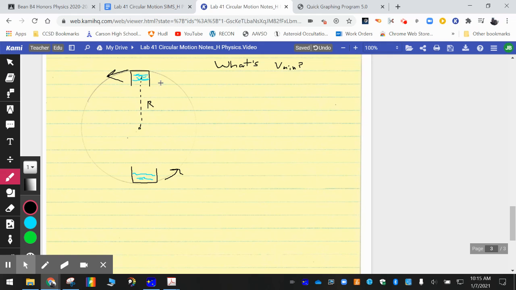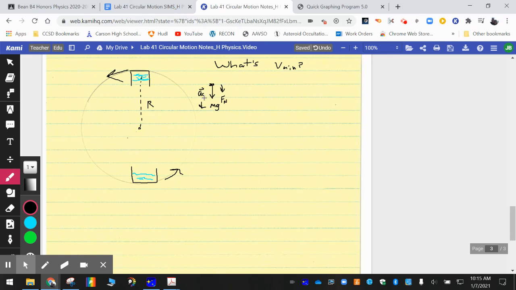You have inertia acting here. You also have the normal force acting on the bottom of the bucket. We'll take a little piece of the bottom of the bucket and examine all the forces acting on it. You have mg acting this way, the force of gravity, and the normal force acting in this direction as well. The centripetal acceleration vector is also acting toward the center.